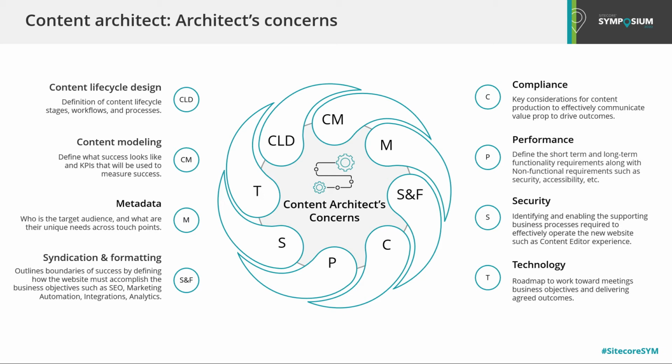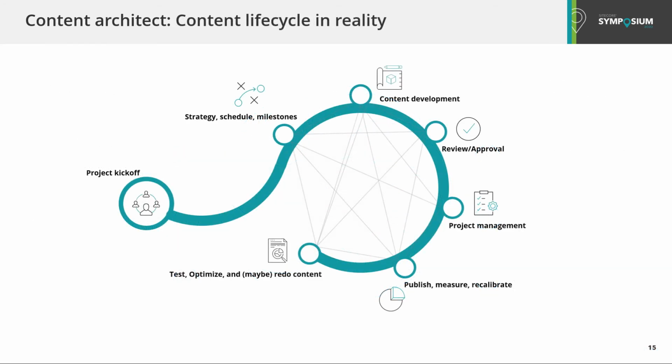Starting with the content lifecycle design. The most important thing to keep in mind about the content lifecycle is that it's not a linear process. It has been for a long time because of the simplicity of the content story. However, with the evolving and increasing complexities and the technology and content explosion, this process is no longer linear.